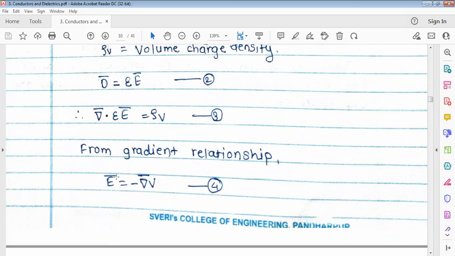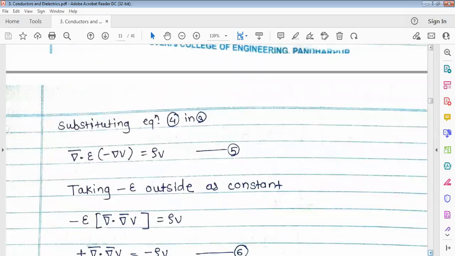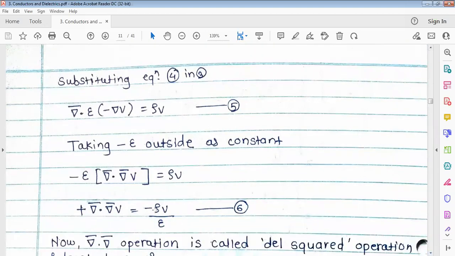So again we have to put, instead of this E bar, minus del V. So it is del dot epsilon E bar, which is epsilon into minus del V, is equal to rho v. If we take this epsilon outside as a constant, it is minus epsilon into bracket del dot del V.